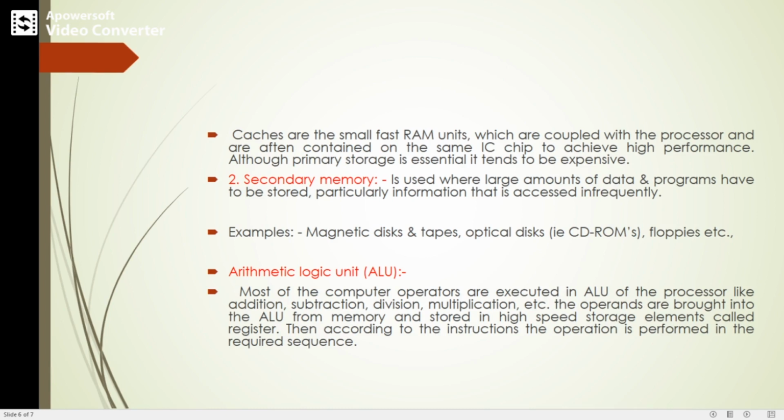The processor consists of processor registers, and some information can be stored internally within the processor. If the data is stored within the processor register itself, we can achieve high speed of operations. According to the instructions, the operations are performed in the required sequence, and finally the result can be stored in the memory.